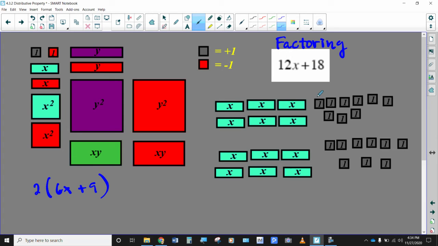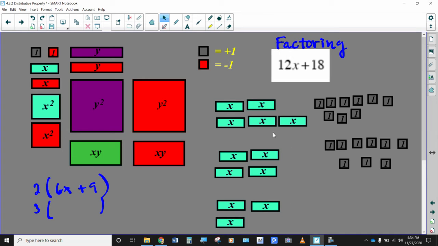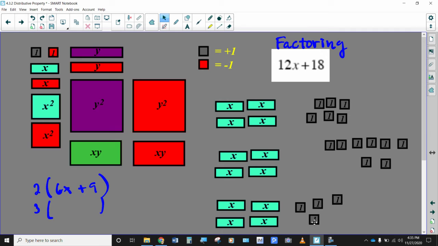But is that the greatest number of equal groupings that I can break this into? 3 goes into both of those as well. So if I broke these 12 x's into 3 equal parts, then I would have 4x in each part. And then I would break 18 into 3 equal parts, and we would end up with a total of 6 in each one of those parts.